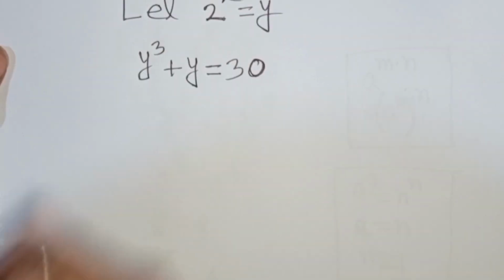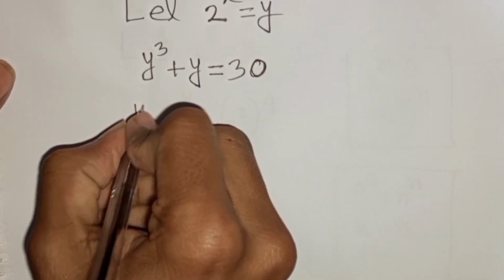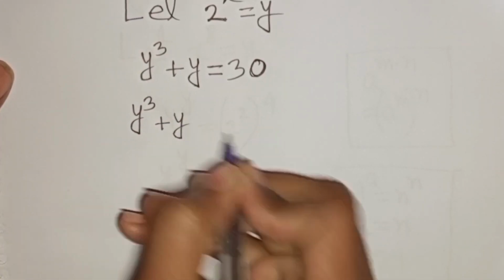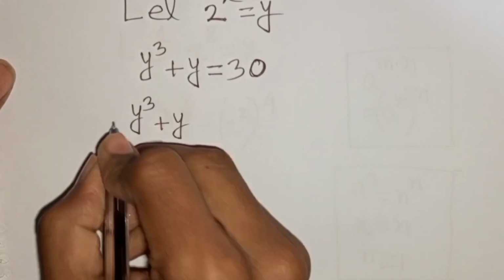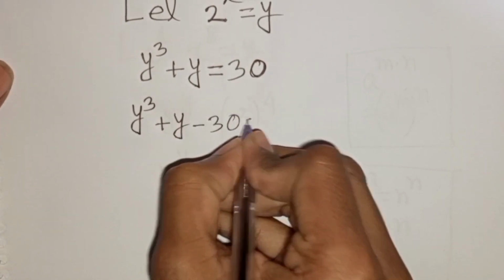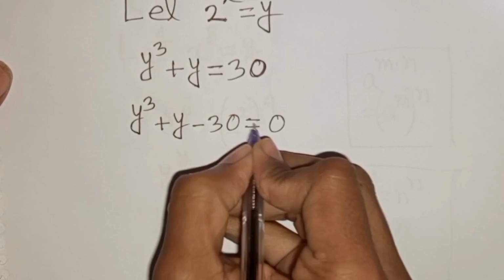Now I can write here y cube plus y, then this plus 30 take to the left side, so this will be minus 30, then is equal to 0.